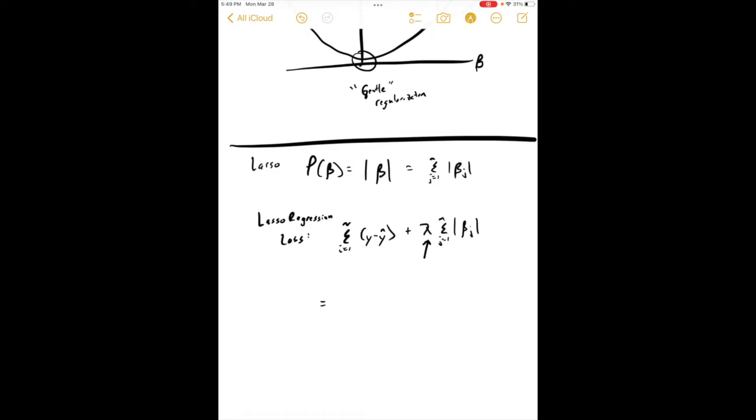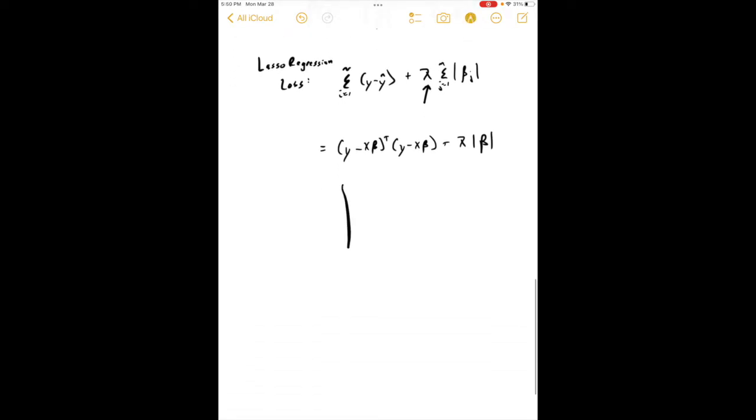In matrix notation here, we've got y minus x beta transpose times y minus x beta plus lambda times the absolute value of beta there. And if you were to plot this penalty function out, it's the absolute value, so it looks like this. All right, penalty on the y, betas on the x, and you can see that the penalty is evenly applied, okay, everywhere.